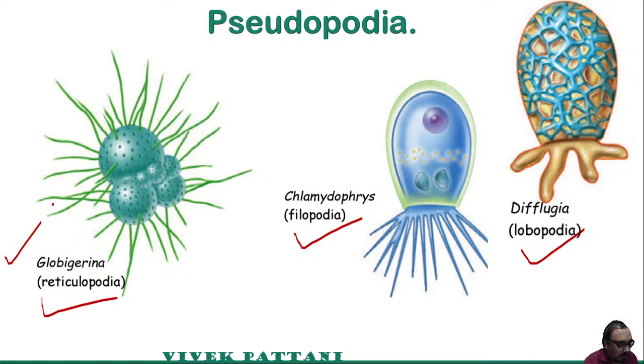This one is a Globigerina, this one is a Chlamydophrys, and this one is a Difflugia.